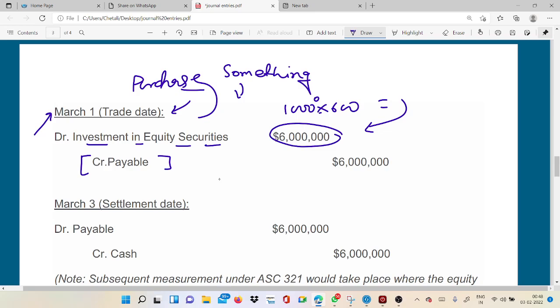So bill payable is a liability that we are considering. To understand this in a better way, when you purchase something on credit, it means you are obliged to pay the consideration for that security to the seller, because the seller will transfer the securities to you. So this accounting entry will be passed.